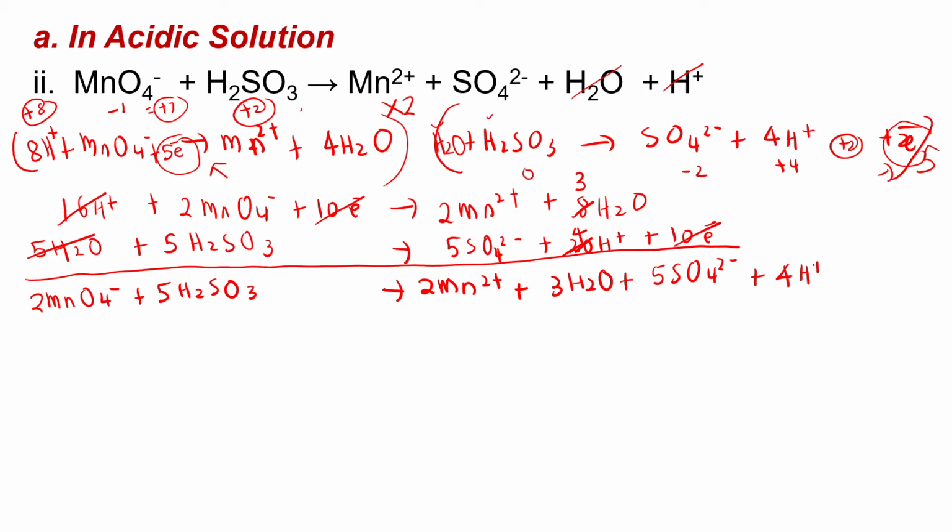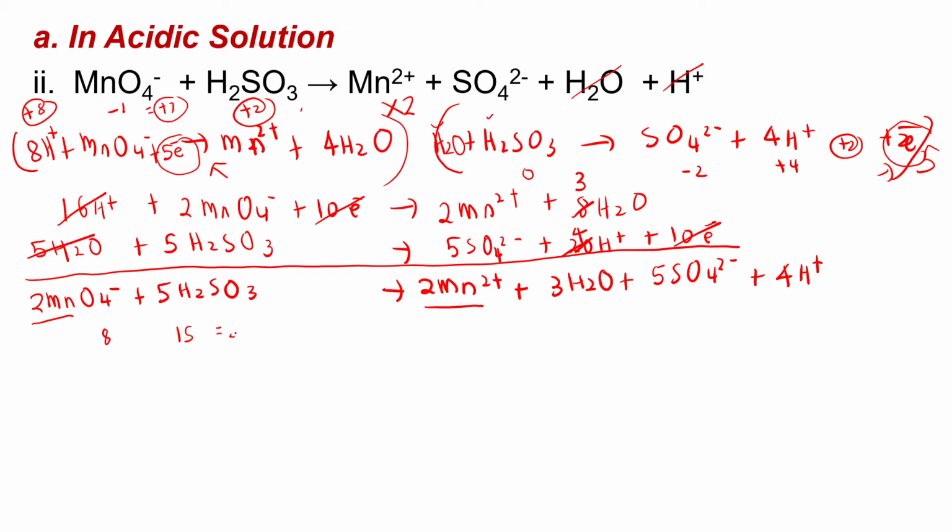Okay, we double check the elements on the left and right hand side. So we have 2Mn, oxygen 4 times 2, 8, 8 oxygen. So we have here 15.